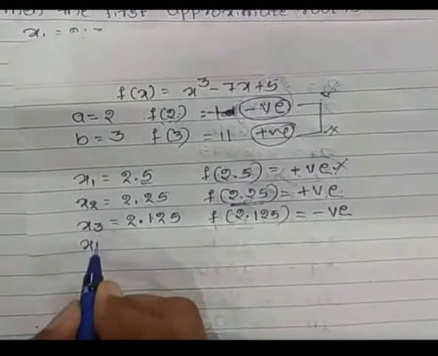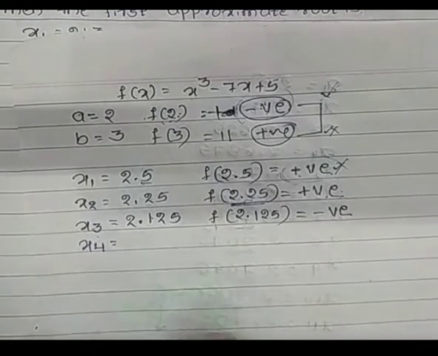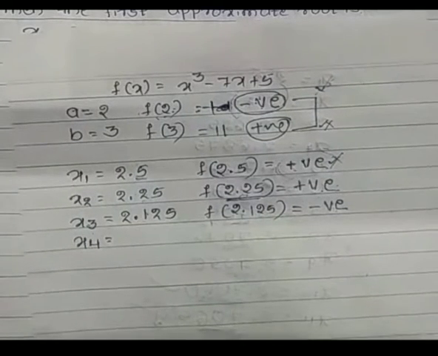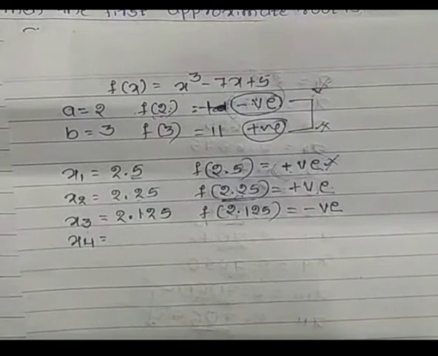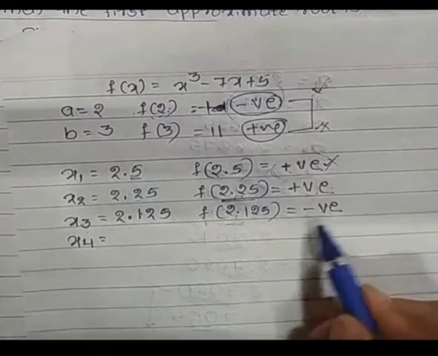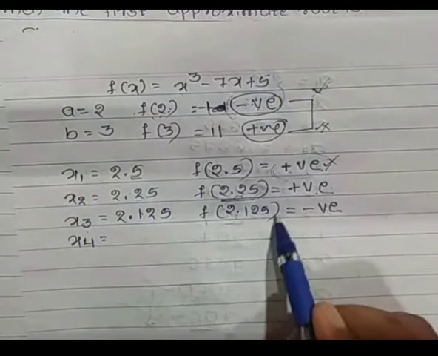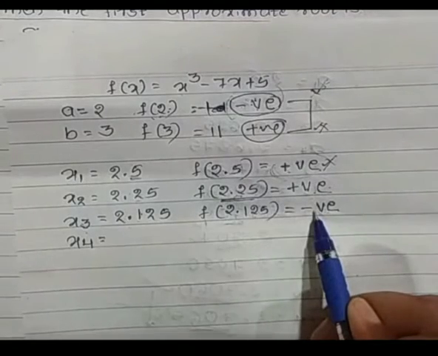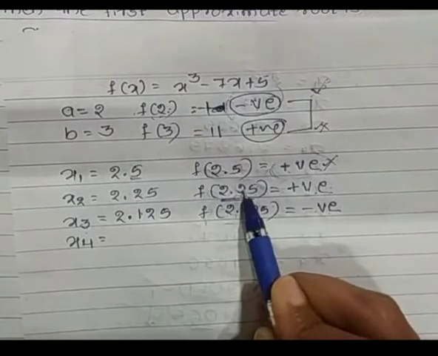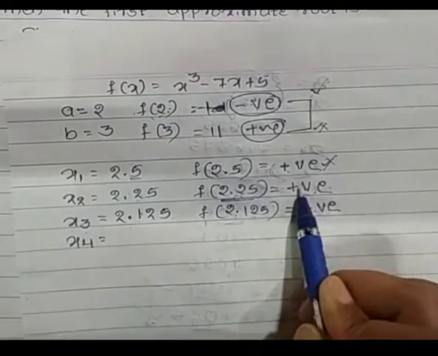So go for x4. Now to calculate x4, which two numbers we need to consider? x3, this 2.125, is giving us a negative answer. 2.25 is giving us a positive answer.